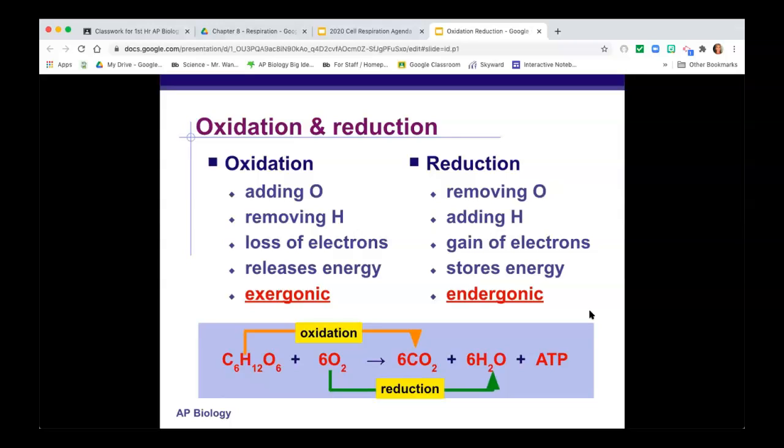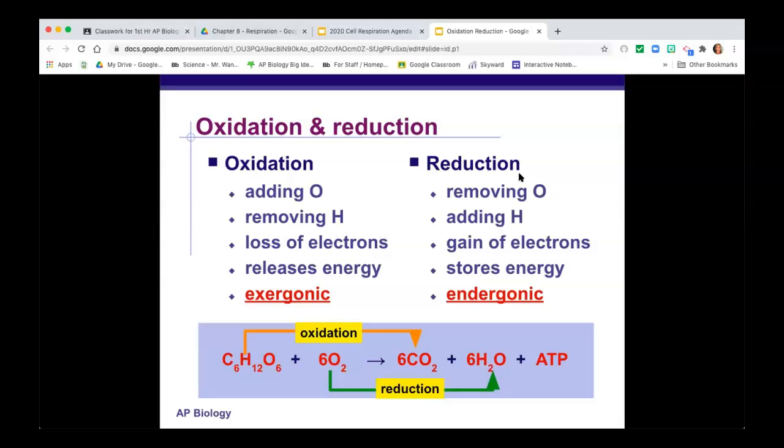So here are some rules you can keep straight. We already talked about oxidation as losing electrons or losing hydrogens. You also want to connect it with adding oxygen. And that makes sense. If you add oxygen, it's oxidized, right? And usually if you're breaking bonds, you're releasing energy, so it's going to be exergonic.